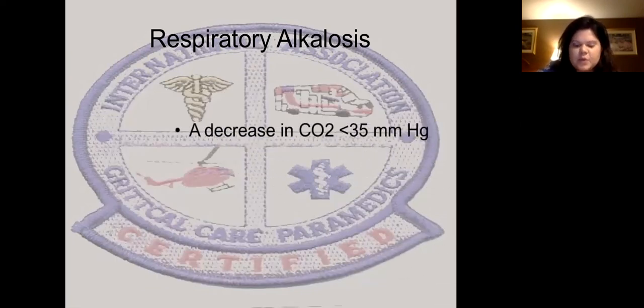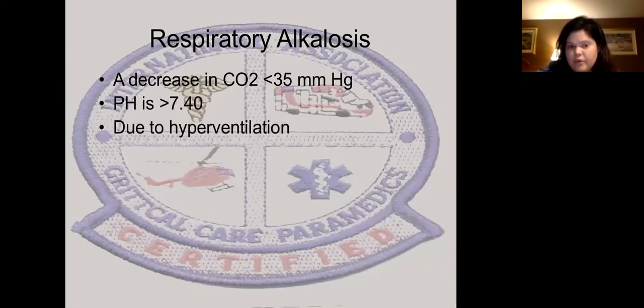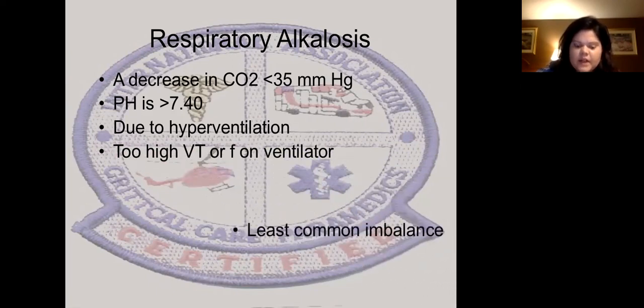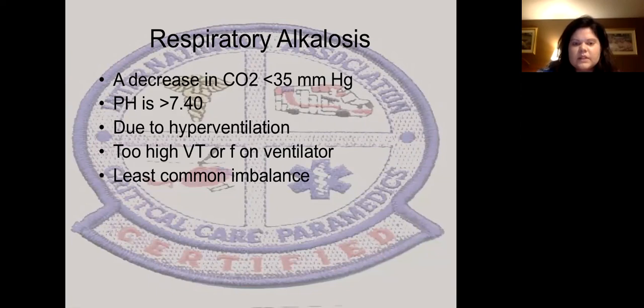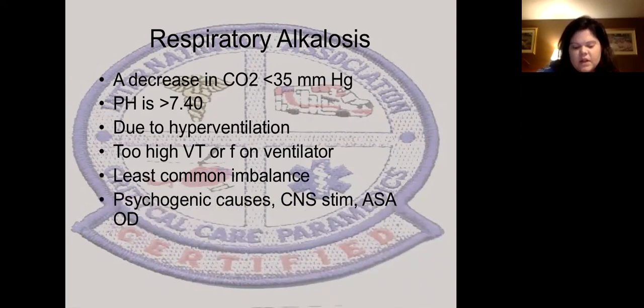So now let's talk about respiratory alkalosis. A decrease in CO2 to less than 35. pH is greater than 7.4. Due to hyperventilation, too high tidal volume on the ventilator, least common imbalance, but it is still an imbalance.